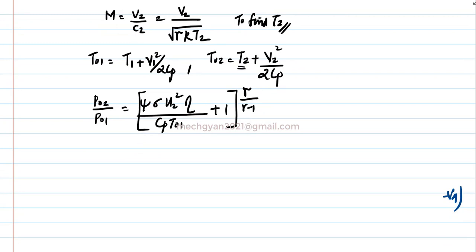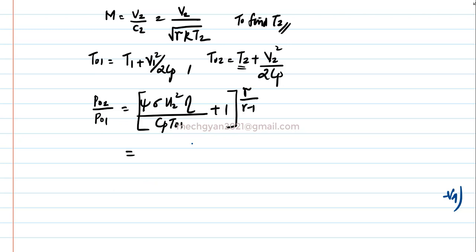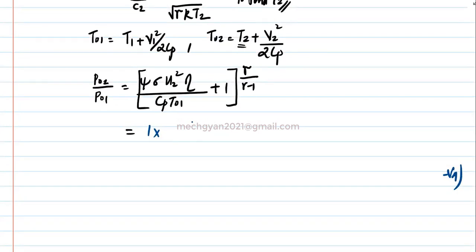Substituting, psi is 1. Power input factor is 1, slip factor sigma is 0.90, U2 is already given, 360 square.